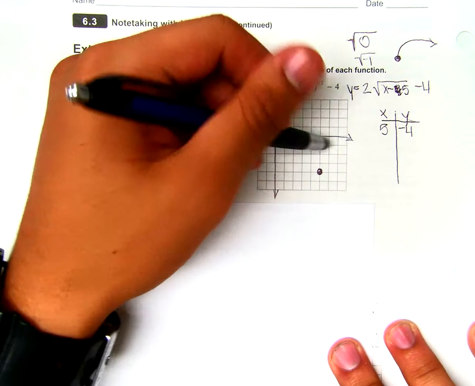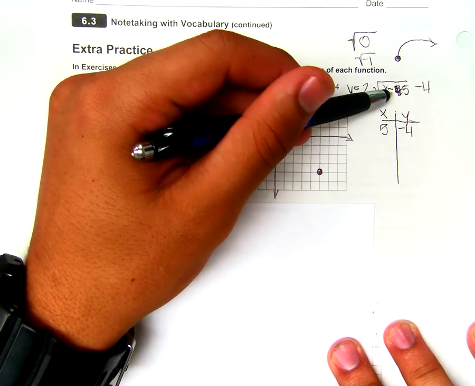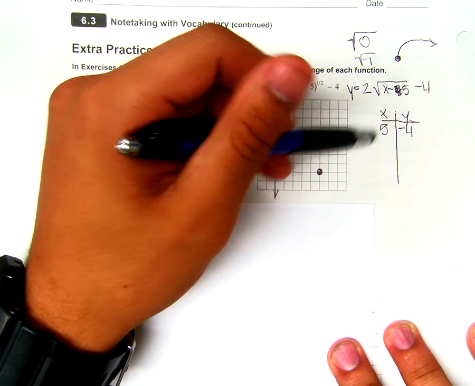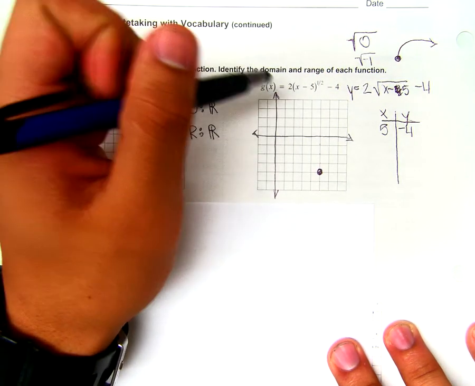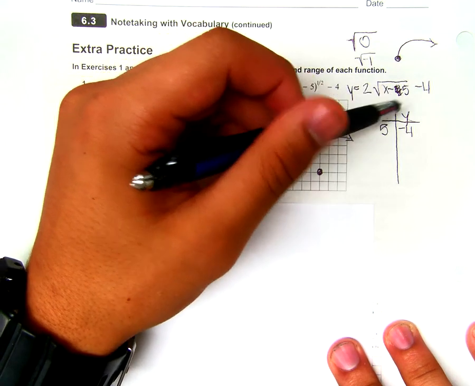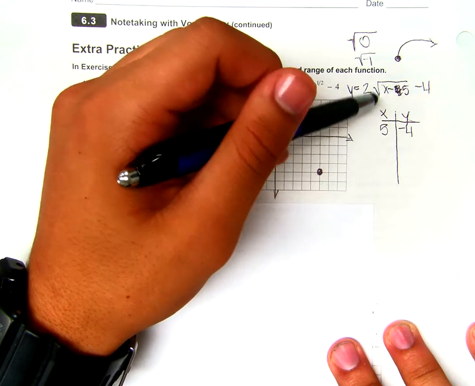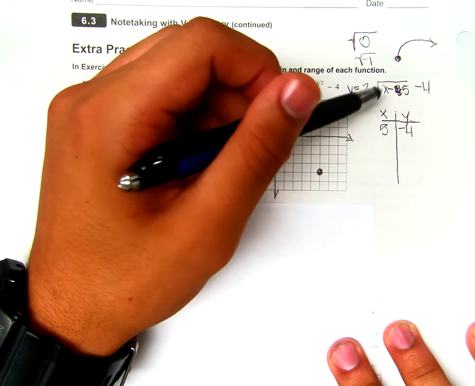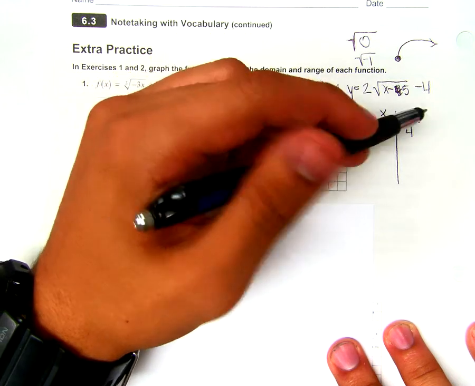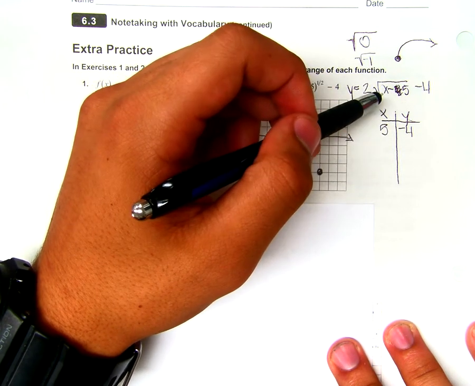If we plot a number less than 5, if we try 4, well, 4 minus 5 is -1, and we can't have a negative number on here. So we want to do a number greater than 5. And we want to choose a number that we can easily take the square root of, a number that makes the whole thing under the radical a perfect square. If we try 6, 6 minus 5 is 1.